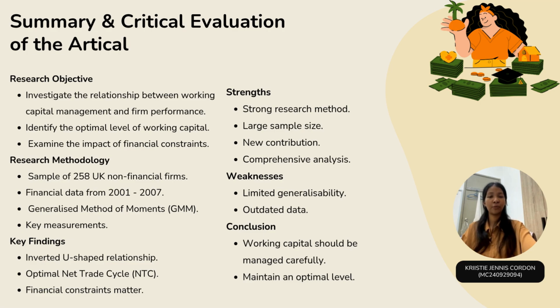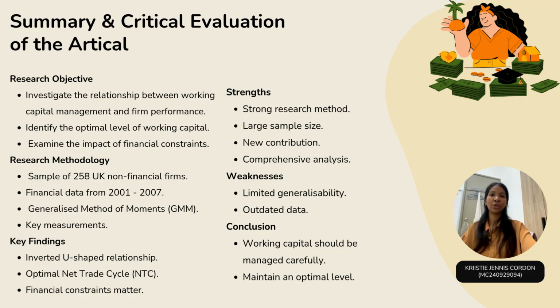The fourth point we have is strengths. Using GMM reduces bias and improves the reliability of the results. The study includes 258 companies and 1,606 observations, making the findings more reliable.